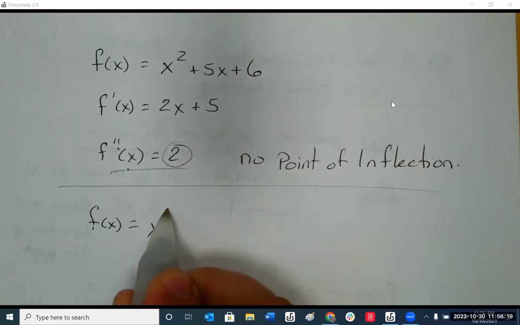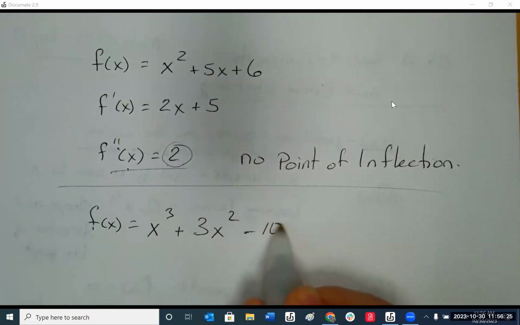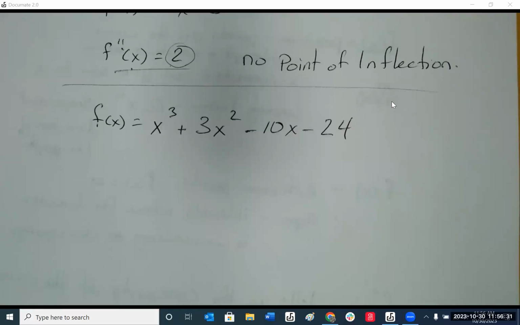Let's look at our last example that we had. So to graph this, you would have to first do the algebra of finding the x-intercepts, then find the vertices.